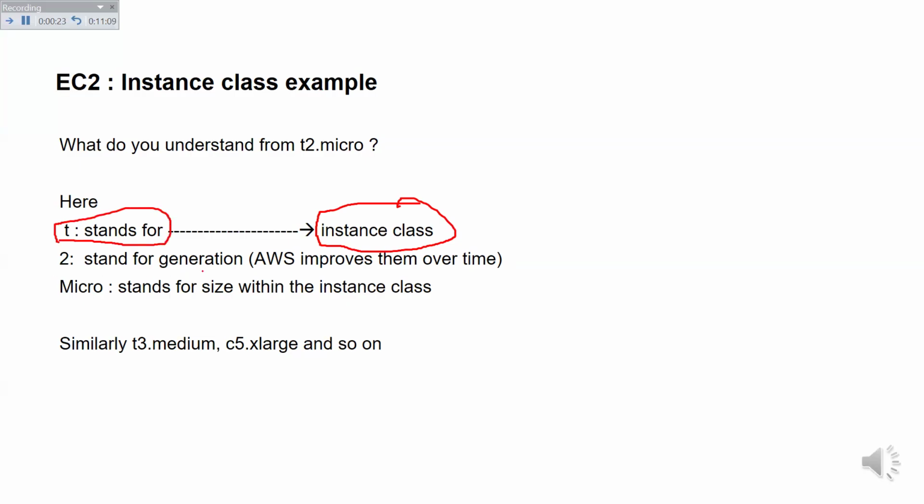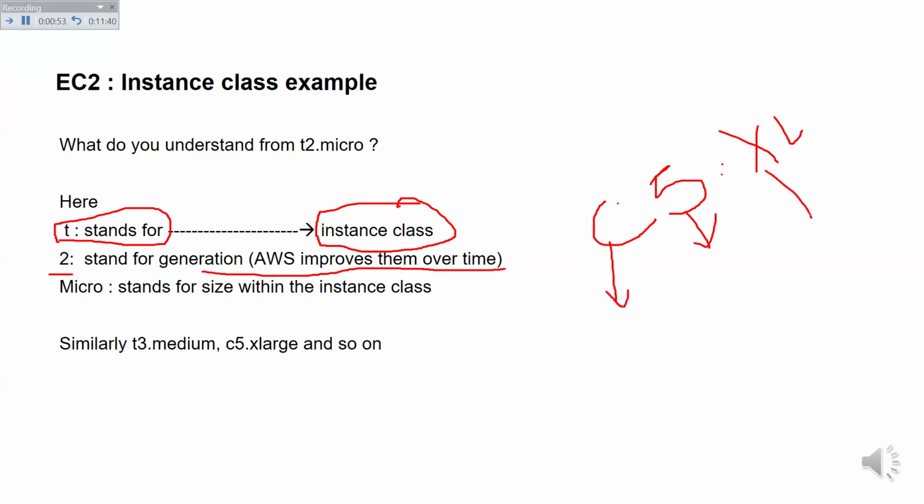The 2 stands for the generation, meaning which generation these instances belong to. Take C5.xlarge, one of your EC2 instances: the 5 stands for the generation, C is the instance class, and the last part stands for the size. Similarly, micro stands for the size within the instance class. Likewise T3 medium, C5 xlarge, and so on.